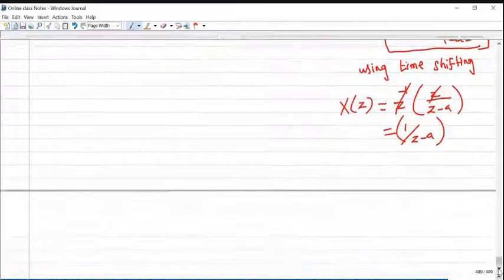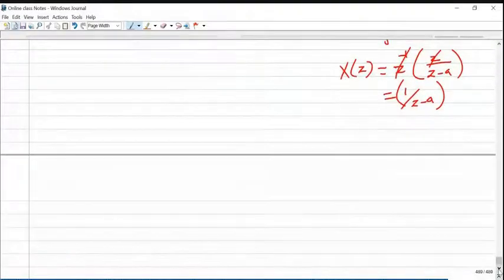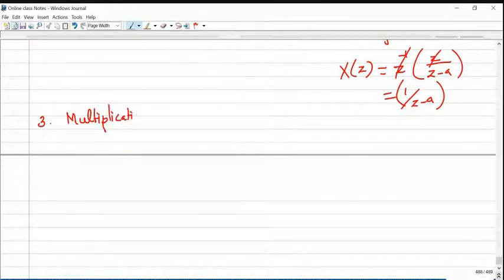Next property, number 3, multiplication by exponential sequence.